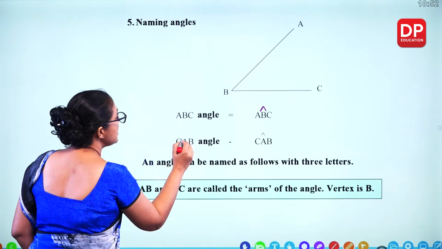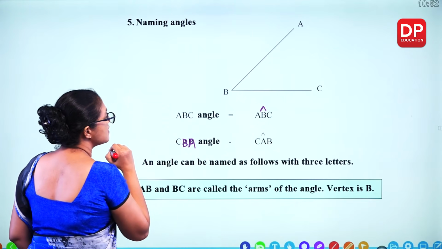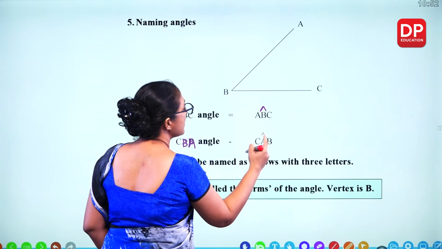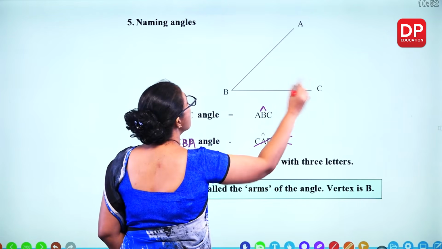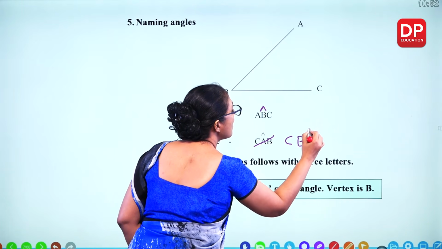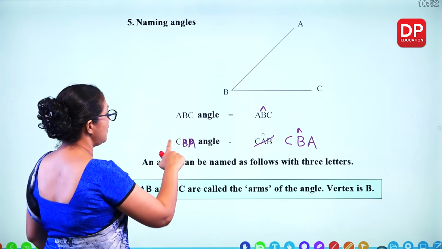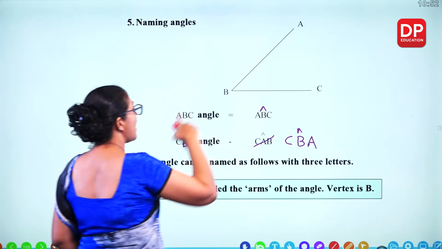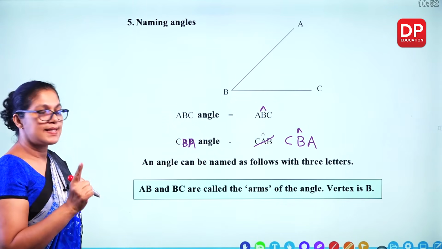So CBA angle, this angle. If you write CAB, that's wrong. CAB is another angle. CBA or ABC.